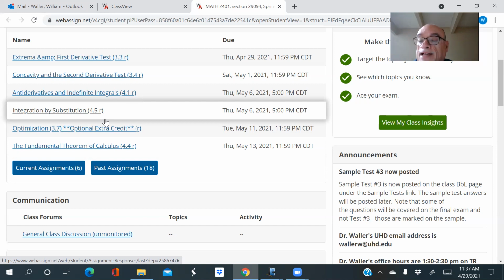So that's kind of how the schedule is going to work between now and Tuesday. And then don't forget, on Monday at noon, Madison has her review for test number 3. So I strongly encourage you to attend Madison's review to help you prepare for test number 3.